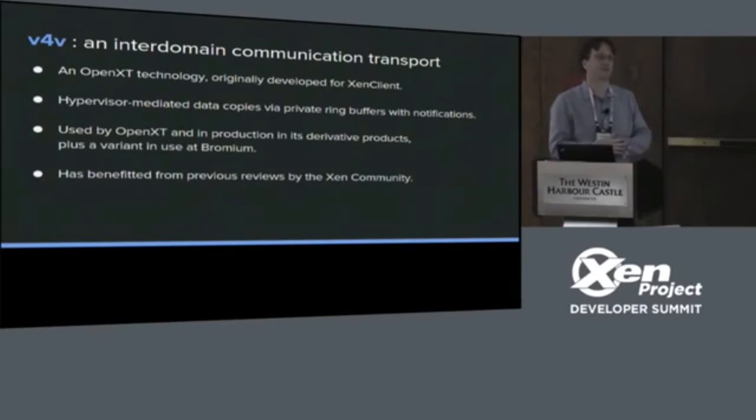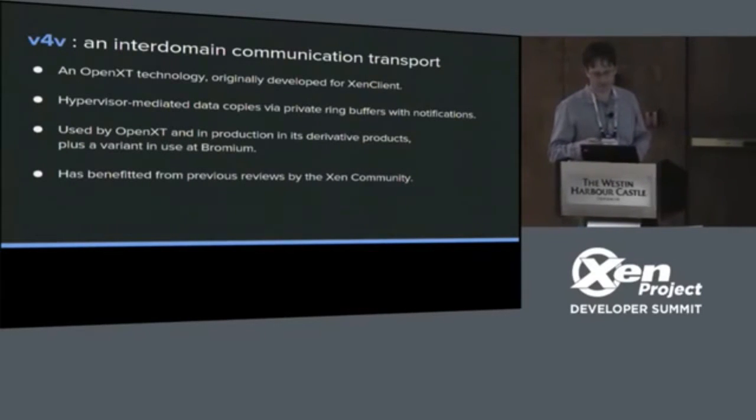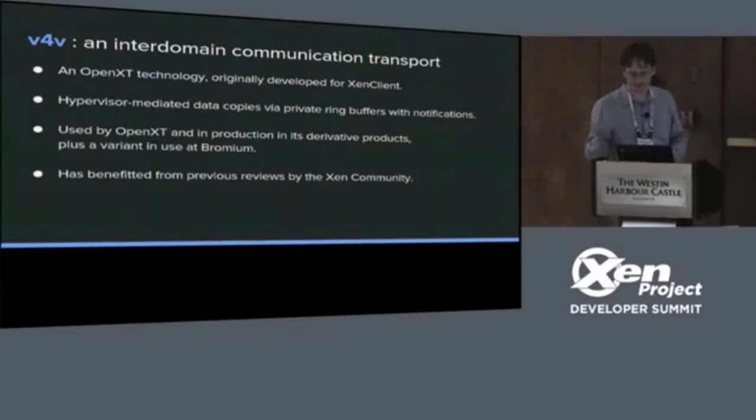It's got a particular architecture where the hypervisor itself is involved in transfer of data between domains. The hypervisor performs data copies. And I'll come to why we do that in a minute. It's used by OpenXT and its production derivatives, and there's also a variant of it in use in Bromium's product.